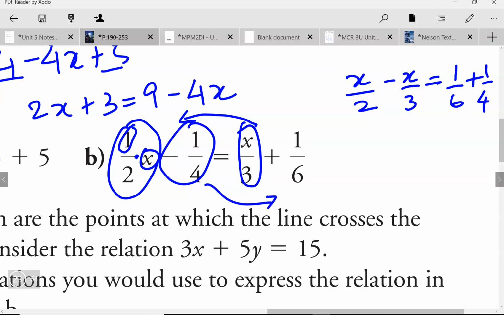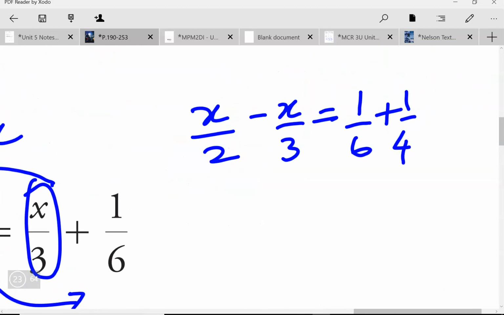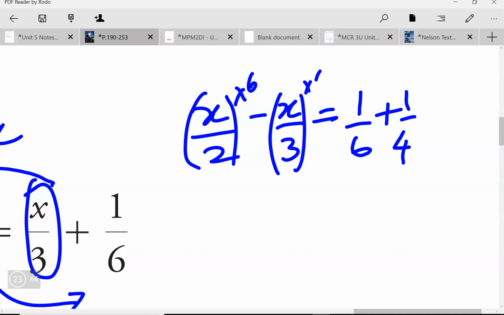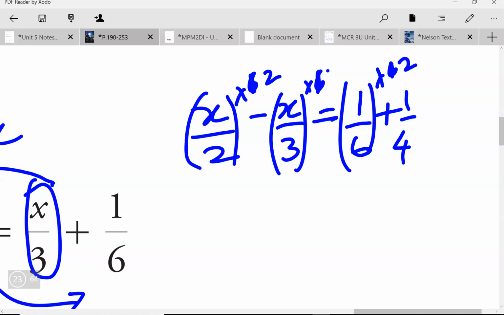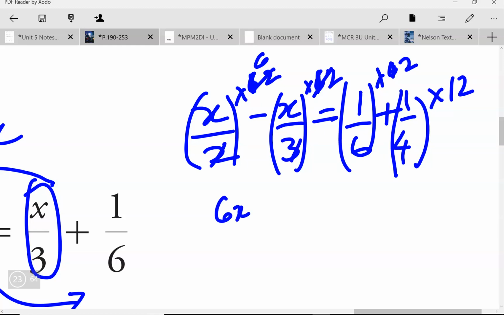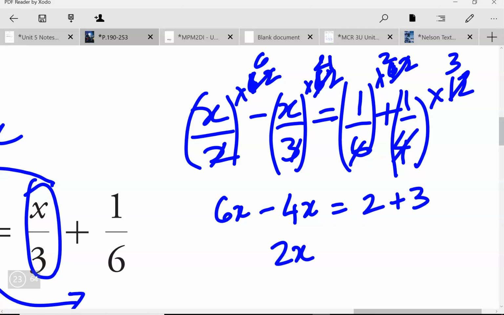And again, take the common denominator here, which is 12, so I can multiply each term by 12. It would probably be helpful. So this times 12, this times 12, this times 12. 6x minus 4x equals 2 plus 3. 2x equals 5. x equals 5 over 2.